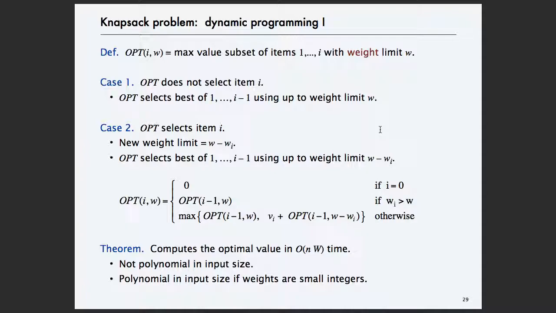Is this polynomial? The answer is ish. It's polynomial of what? It's nW, right? So it's not polynomial in the input size, because I don't know how big W is. It is polynomial in the input size, however, if my weights are small integers.